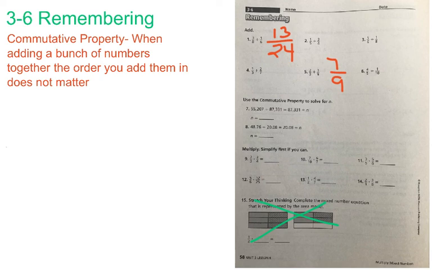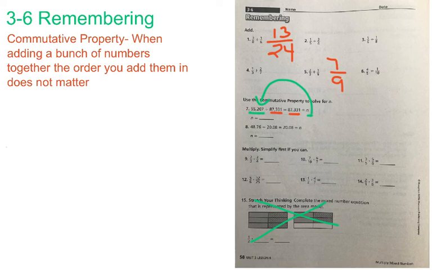So what it's saying is, if you look at number 7, you have 55,207 plus 87,331. And that is the same as 87,331 plus n. And so what is the n? It's the same as adding them opposite, right?